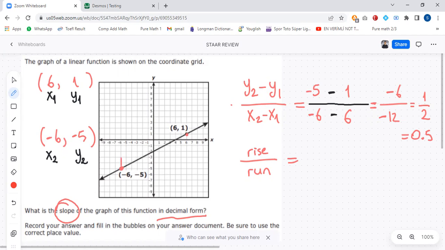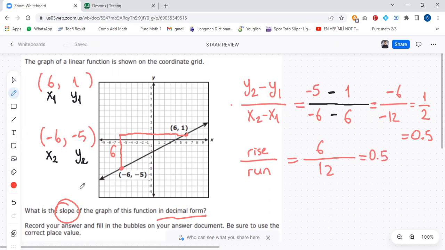So 1, 2, 3, 4, 5, 6, 7, 8, 9, 10, 11, and 12. So this is going to be 12. 6 over 12, you can use your calculator and you can get 0.5.